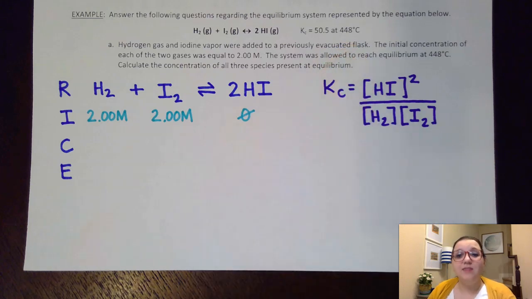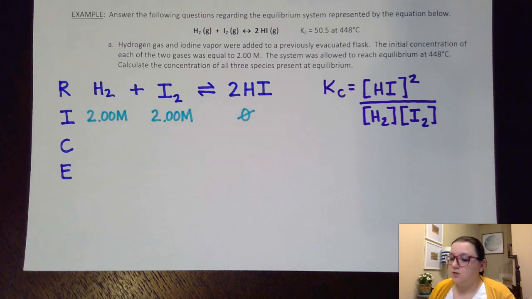Just as an FYI, they tell us that temperature to let us know that technically that 50.5 is only true at that temperature. If the temperature was something else, then that Kc value would be something different. So we don't actually use that 448 Celsius in our work.